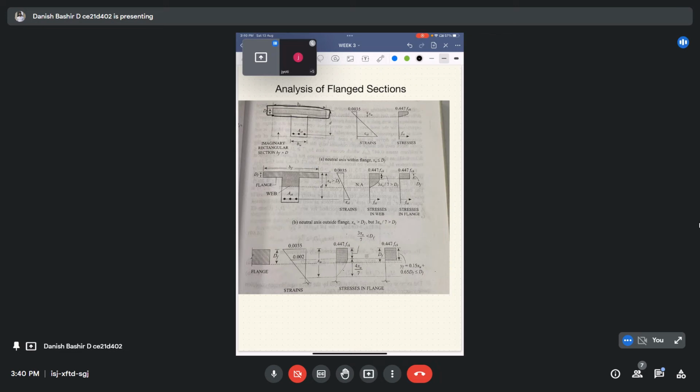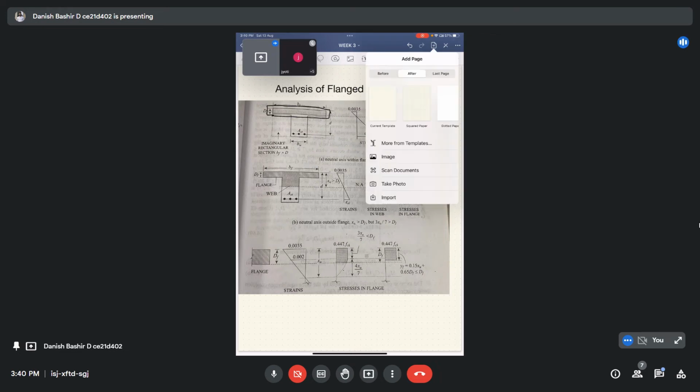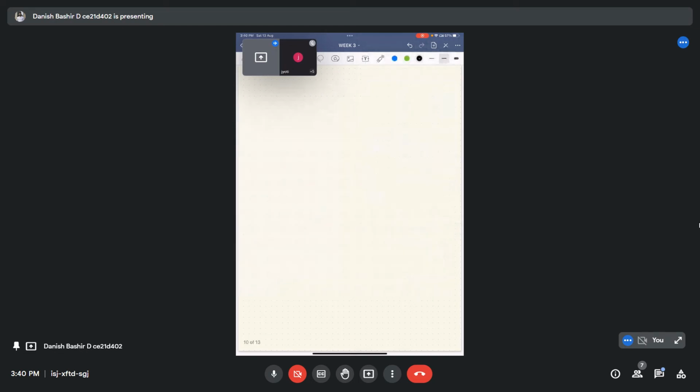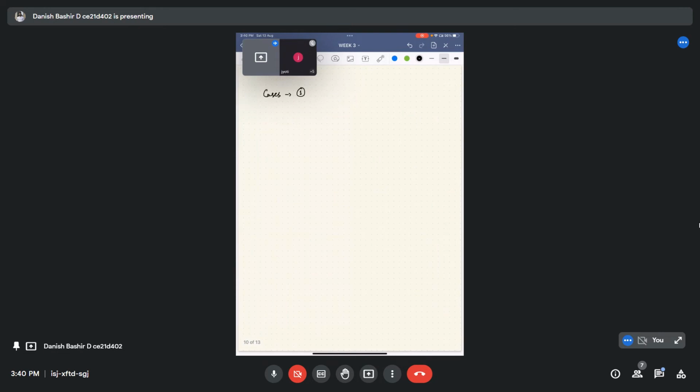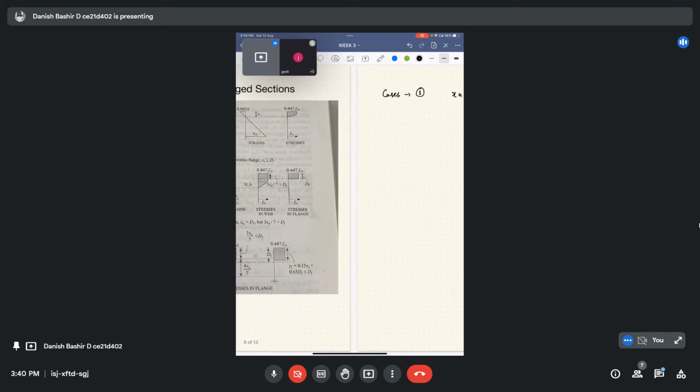So here we get three cases in the analysis of the flanged sections. Case first is if our depth of the neutral axis is so small that xu is less than Df. These are the standard symbols. Df is the depth of the flange.